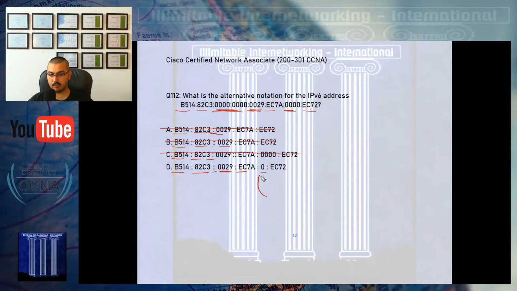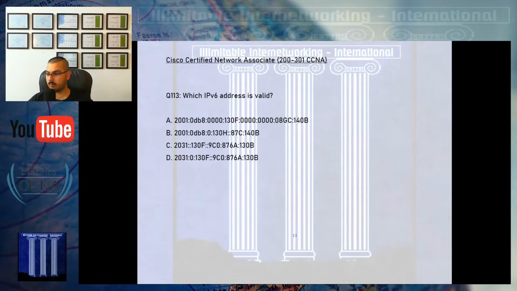Actually it will not be extended to 4 zeros, but automatically, since there is a digit here, what the system does is add some zeros on its left until it becomes a 4-digit part, and finally the EC72. So this one will definitely be acceptable as a valid IPv6 address.